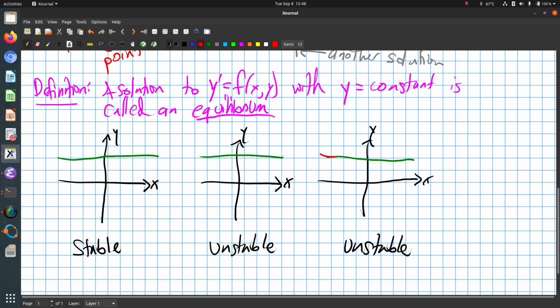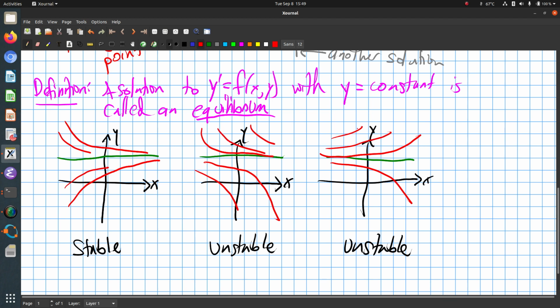The unstable ones go away. You could have one that comes in and away, that's unstable, but here's one which is stable. The solutions tend to get squeezed in. So all your solutions kind of come in. Here not all of your solutions come in, and here all your solutions go away. Sometimes people will call this semi-stable. But it's still unstable.